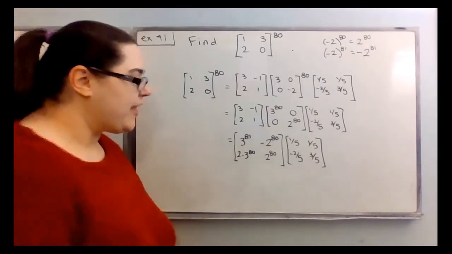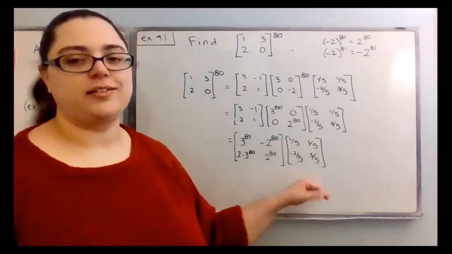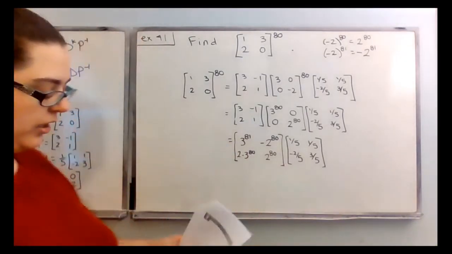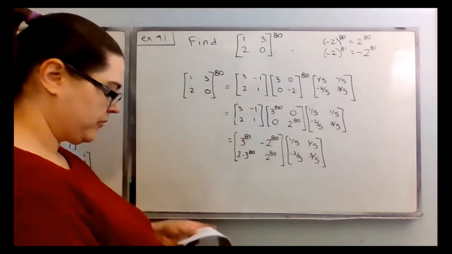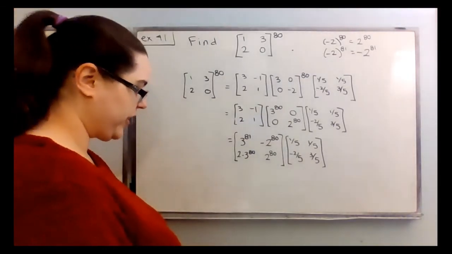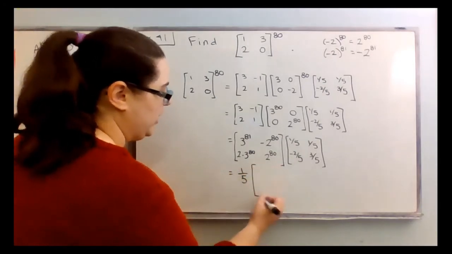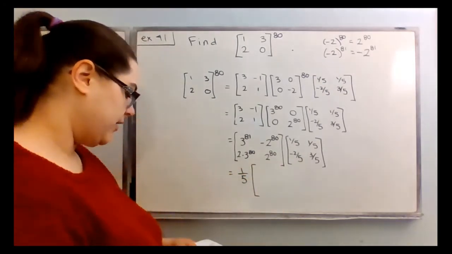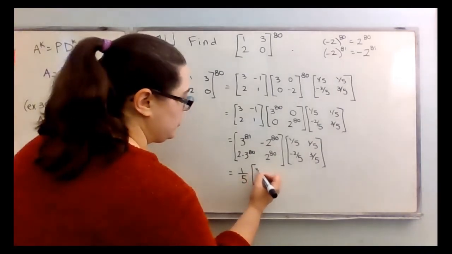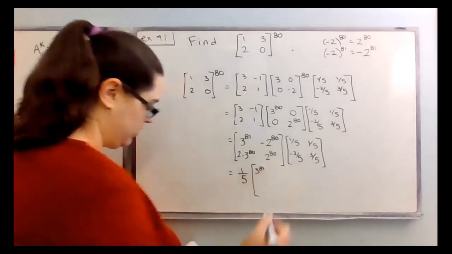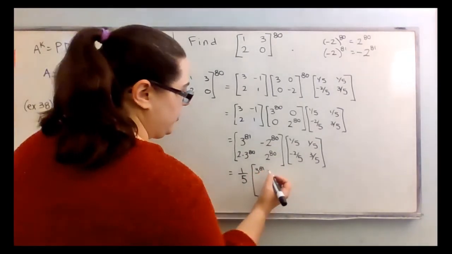Okay. And then we're going to find this product in the same manner. When I did that, I decided to factor the 1/5 out just to make my life a little easier. And here's the matrix I got. I had 3 to the 81st, plus 2 to the 81st.